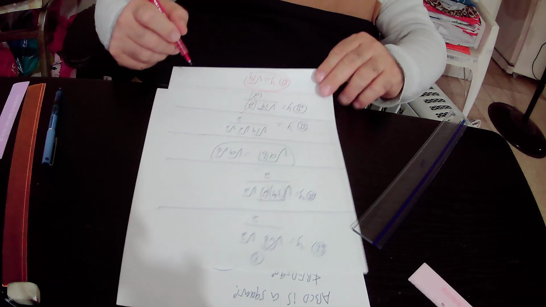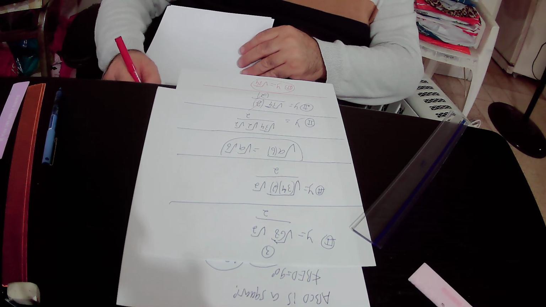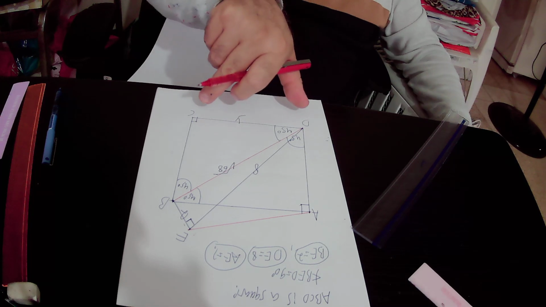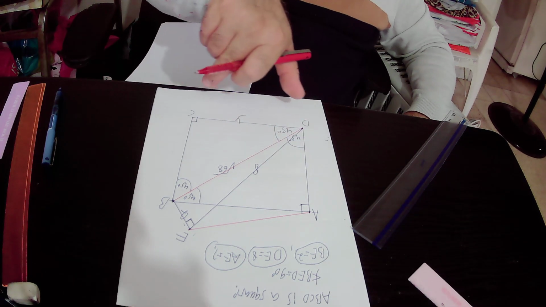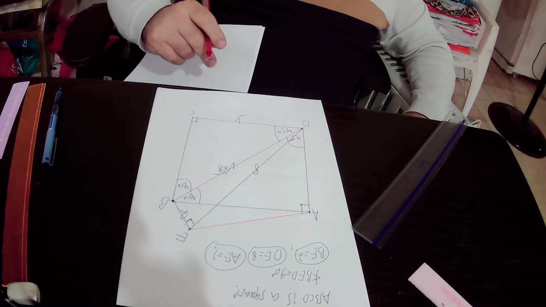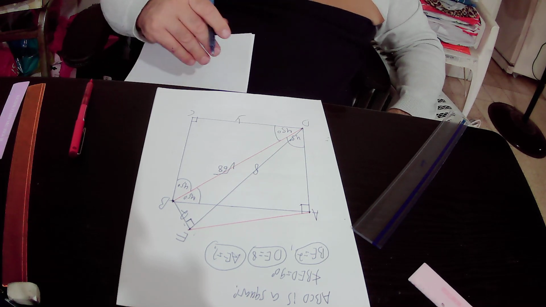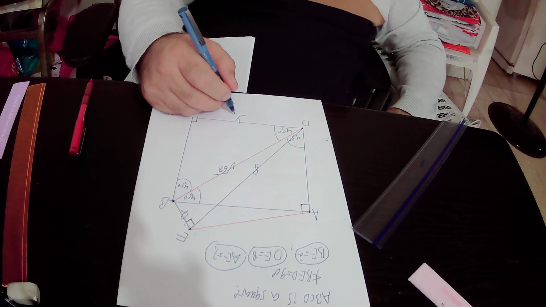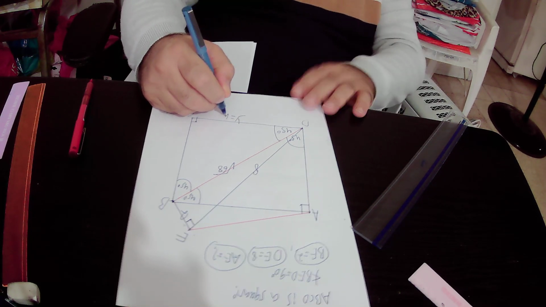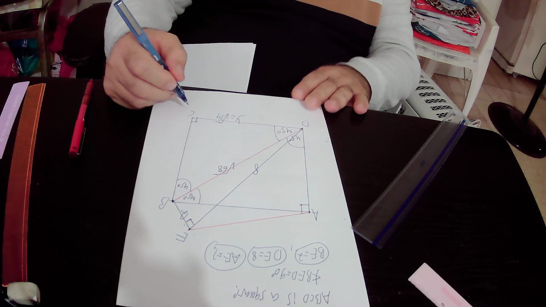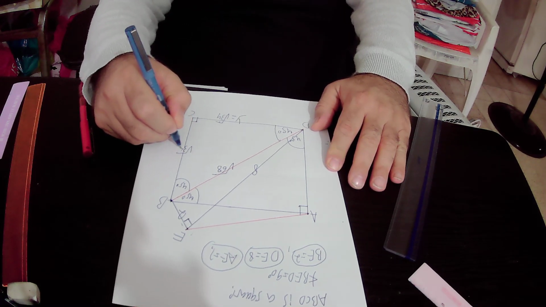Okay, and y is actually the size of one side of square ABCD, the size of side DC of square ABCD, and we also know that all the sides of a square are equal to each other, so DC equals the square root of 34 units, and also BC will be equal to the square root of 34 units.